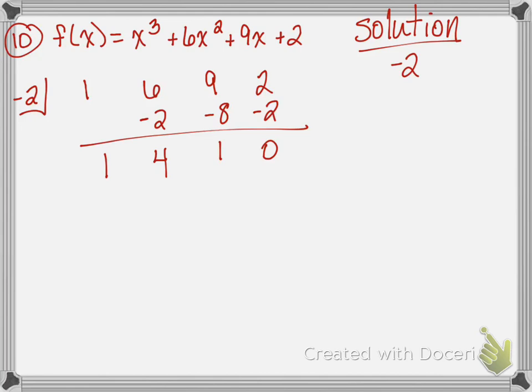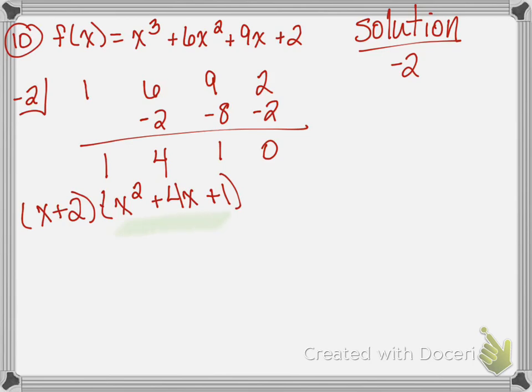Okay, so now I've got to find out what else works. So if I were to write this in factored form, I would have x plus 2, and then I would have x squared plus 4x plus 1. Okay, so what I'm going to try to do is factor this quadratic.